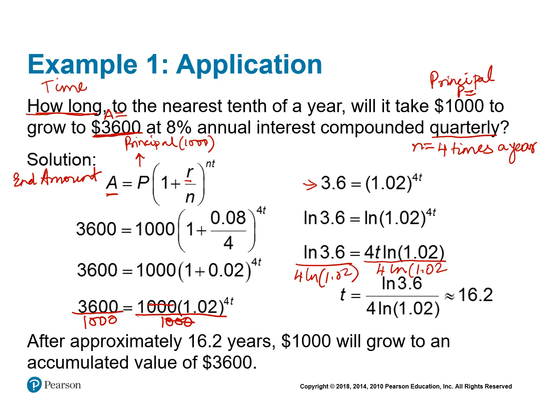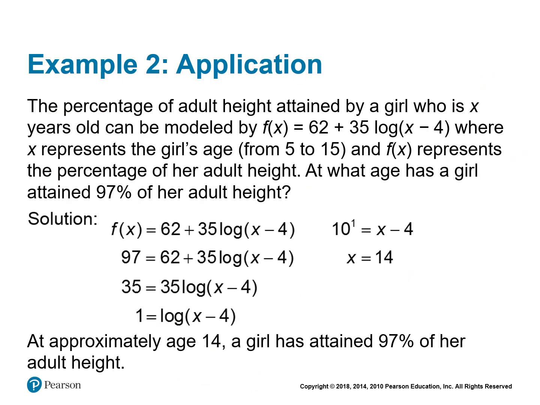The rest of it we have to use our calculators and solve for, and we will get a t of approximately 16.2 years. So after approximately 16.2 years, $1,000 will grow to an accumulated value of $3,600. Now let's finish this off with this last application problem on logarithmic equations.